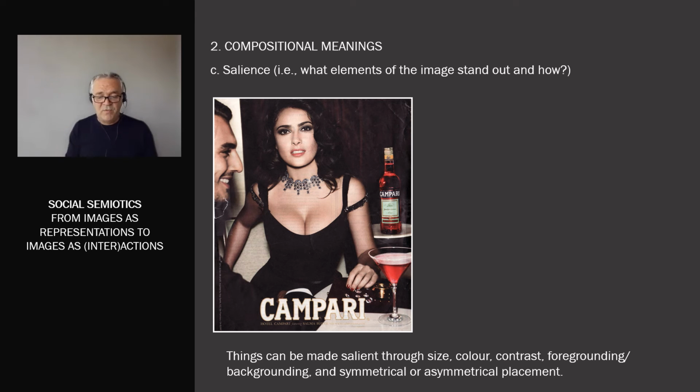And here then we have both at work, and both working through representational meanings, Salma Hayek herself and her breasts, but also through compositional meanings. The sexiness of the message is designed into the way that the image is designed in terms of information values, frame lines, and salience.